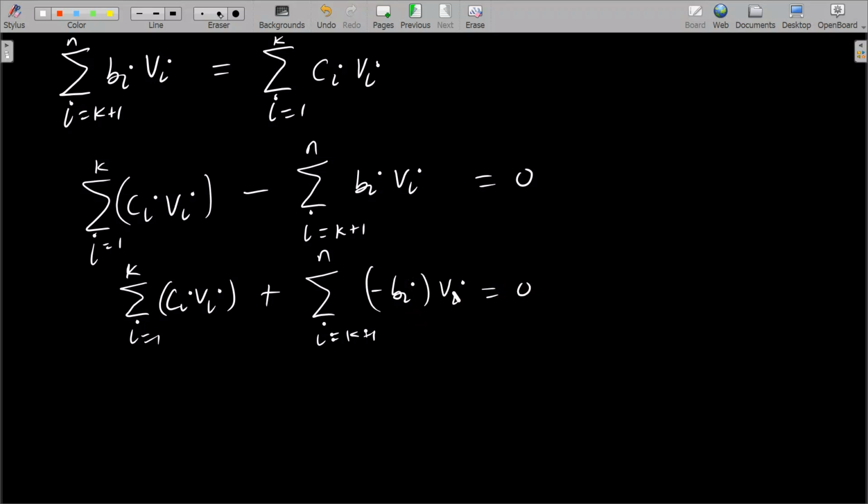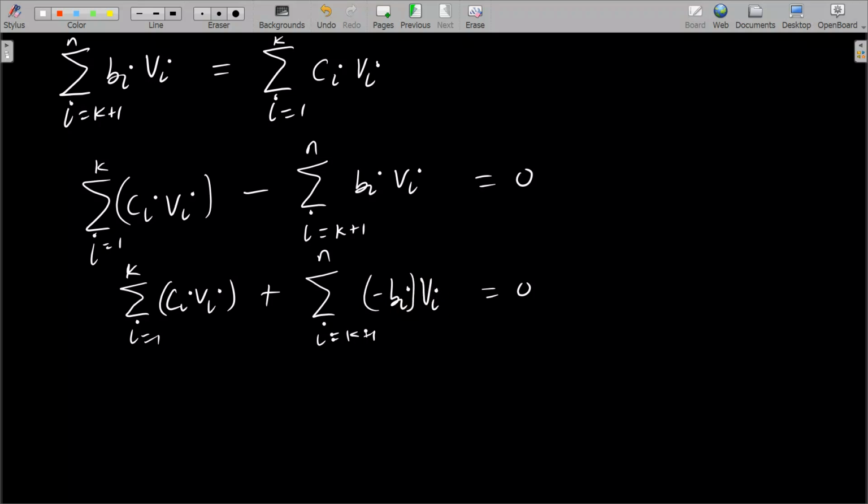And then this negative b_i is going to be a value, right? It's going to be a number. You can call it d_i. Or maybe we can still leave it as negative b_i, because I want to see the b sub i, negative b_i v sub i, right?